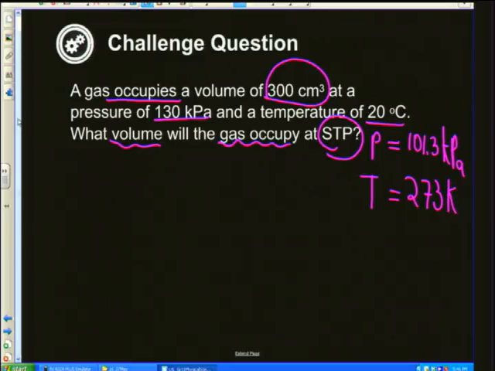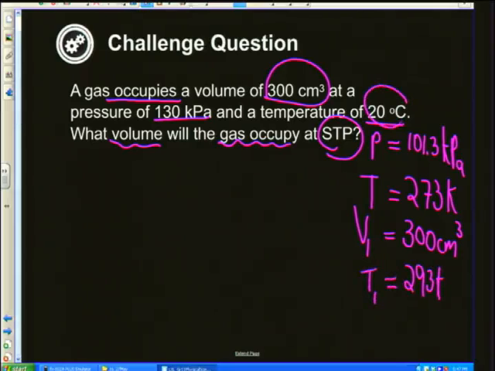All right. Then the other values given to us: the first volume, V1, is 300 cubic centimeters. The temperature, this will be T1, is 293 Kelvin.